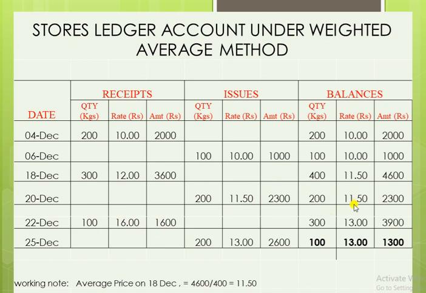We have to calculate on the basis of amount divided by units, that is 3900 divided by 300, which is 13 rupees. And the next and last transaction is 25th December, an issue of 200 at the rate of 13, previously calculated. So it is 2600.